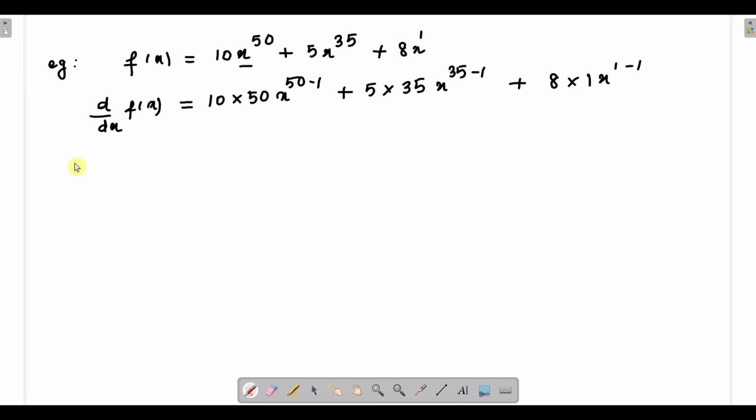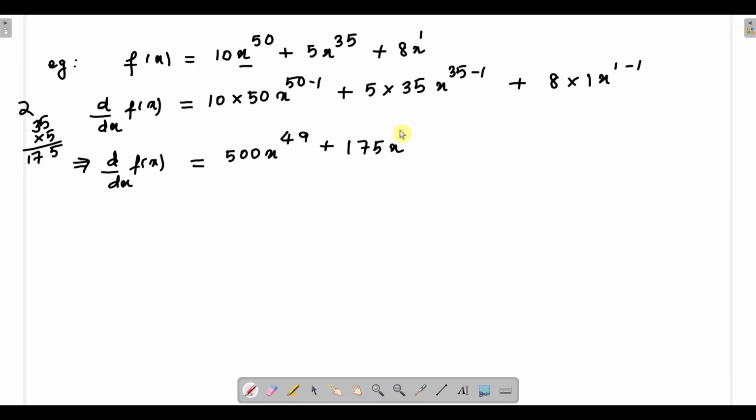Okay, so the derivative of f(x) is equal to 500 times x raised to 50 minus 1, that is 49, plus 5 times 35, right? So 35 times 5, that is 5 times 5 is 25, 5 times 3 is 15 plus 2 is 175. Okay, 175 x raised to 34, right?